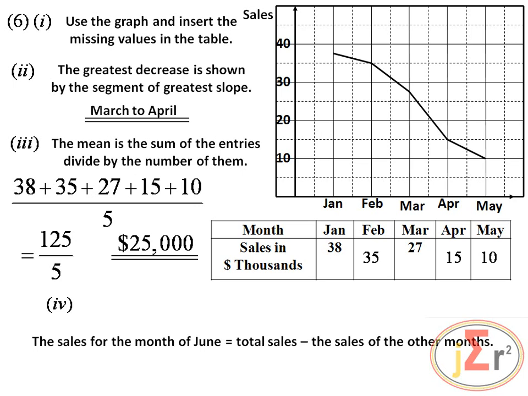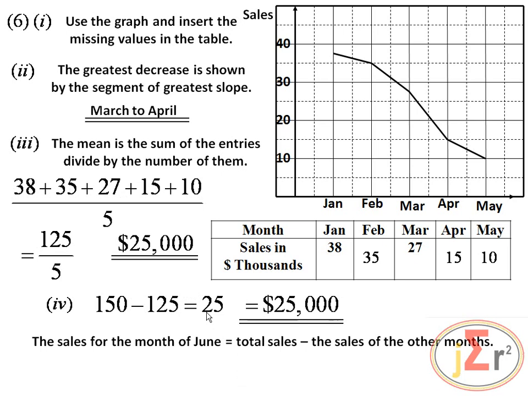Therefore, we need to put the sales of all of those months together, and then subtract them from the total sales, and what will remain is the sales for the month of June. But we did not need to add them again because we have added them here already. So the sum that we get right here, which is 125, we use it right here again. Turns out that the sales for the month of June is 25. Do not forget, $25,000.